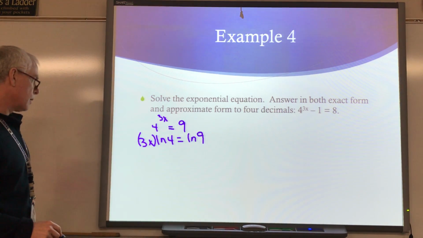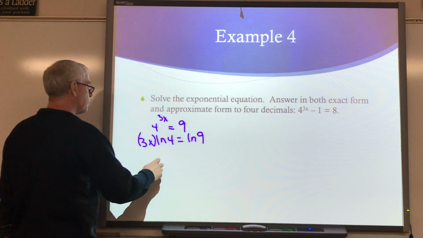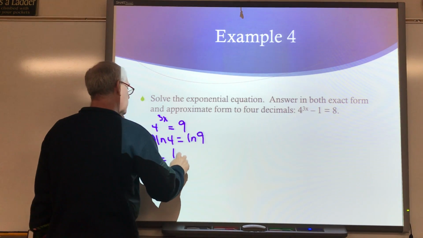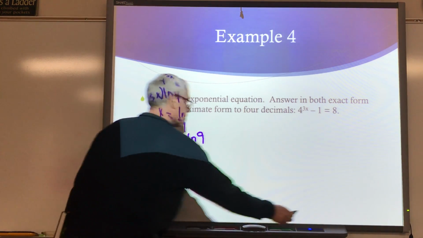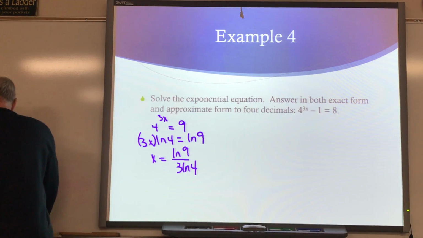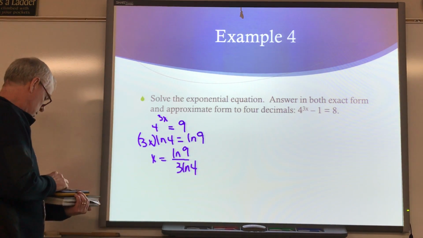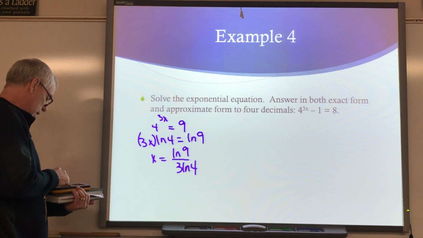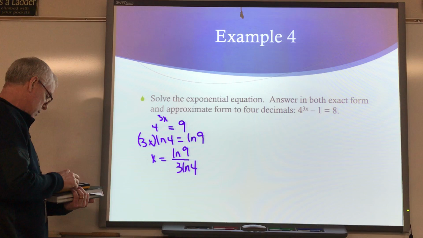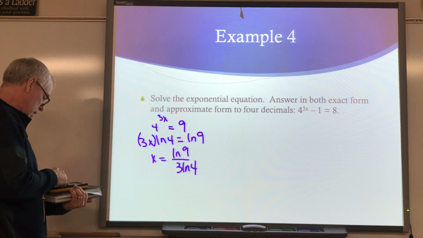Okay? And I'm trying to solve for x. So if I want to get x by itself, that's going to be ln of 9 over 3 ln of 4. On the top I've got ln 9. On the bottom I've got 3 ln 4.